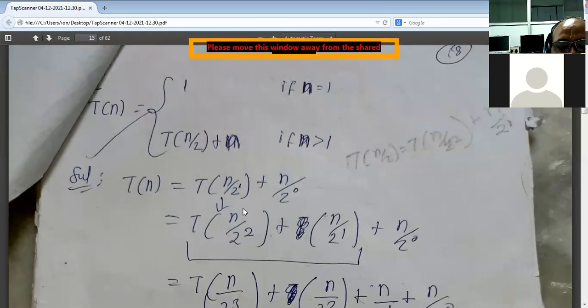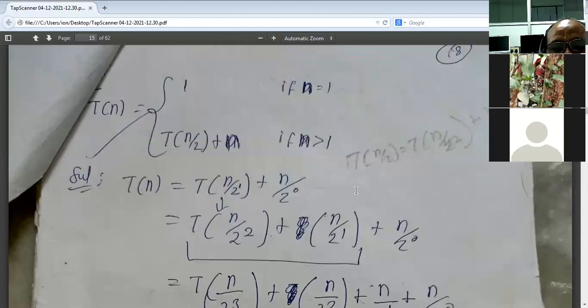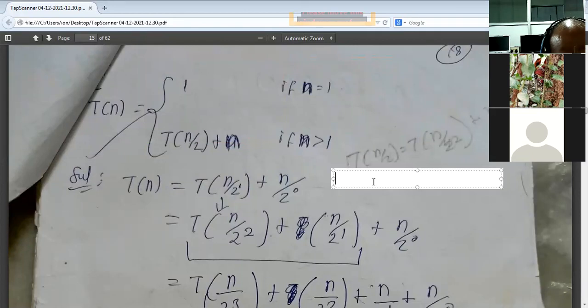So what value did I get here for T(n)? I got a value for T(n/2²).